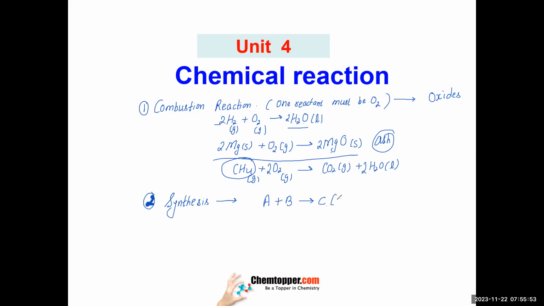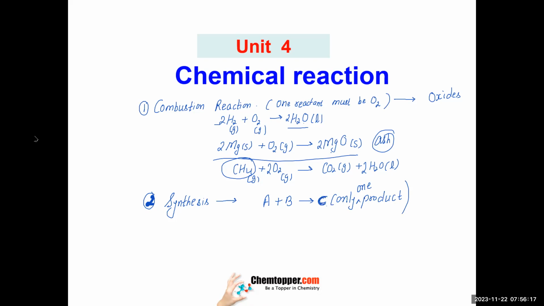So when two or more than two substances combine, no one is going to ask for the definition, so I'm not going to spend much time on this. Just giving you hints because when you open the book, these words are written there. Only one product. Naisha, only one product. See, you are not getting more than one product.